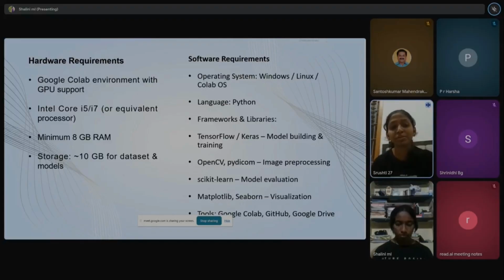These are the hardware and software requirements we used in our project.